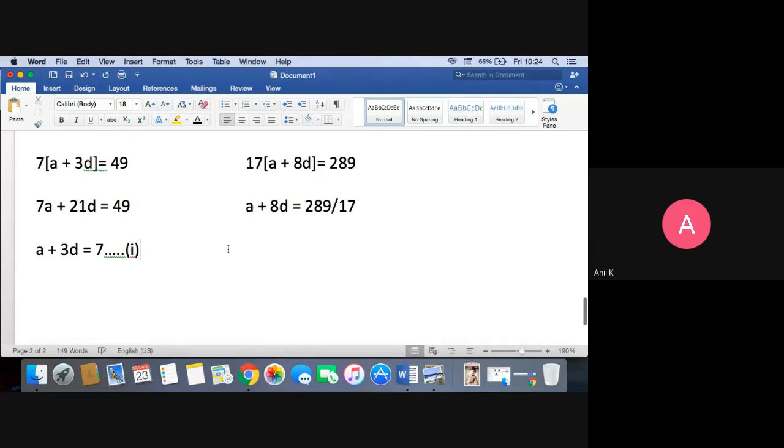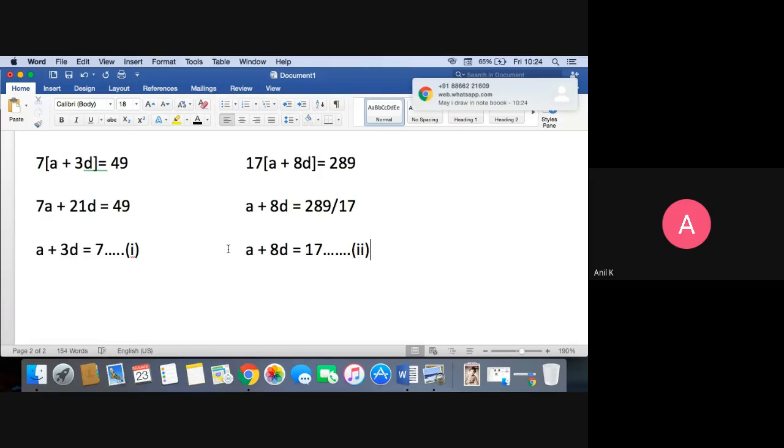And the final step if I solve, I'll get a plus 8d is equal to 289 upon 17 is 17, because 17 into 17 is 289. So in 289, 17 will get cancelled 17 times. So this is going to be your equation number 2. Okay.